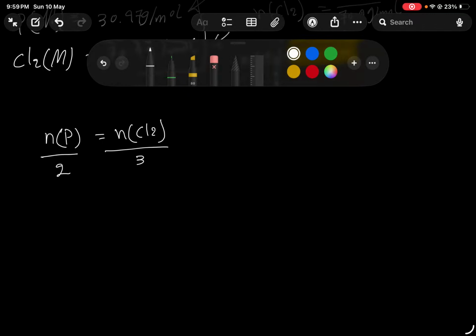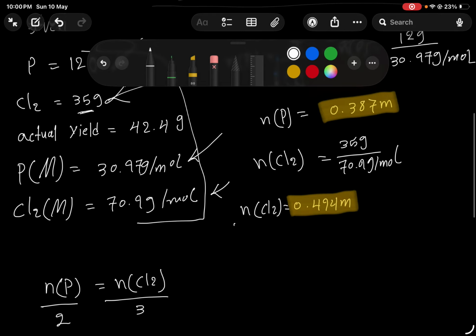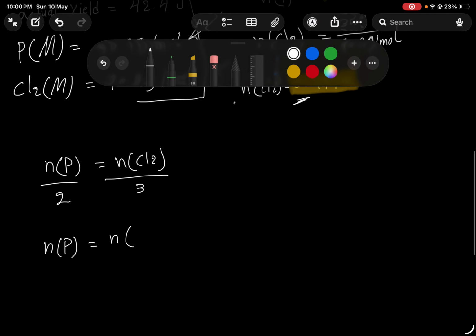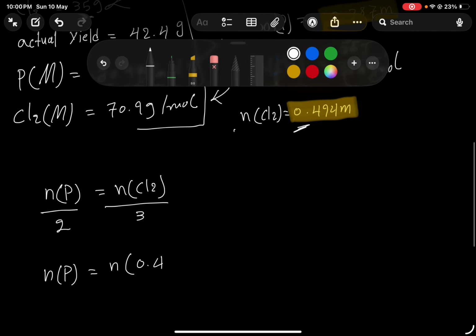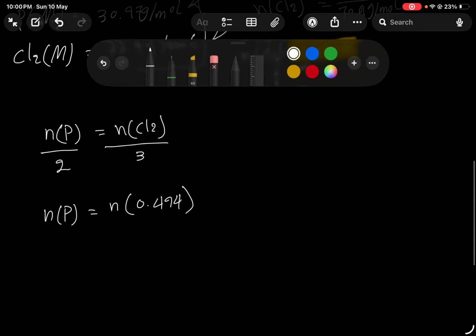In this case we just use n of P is equal to n of Cl2. Instead of Cl2, we're just going to use its mole. The mole of Cl2 is here, which is 0.494 moles, divided by its coefficient, which is 3.